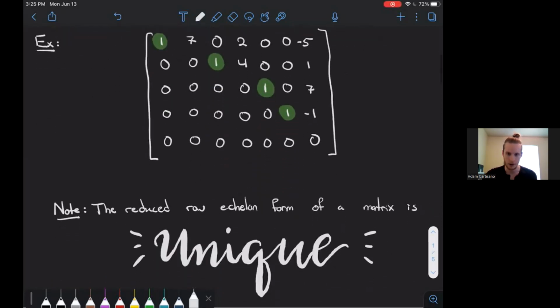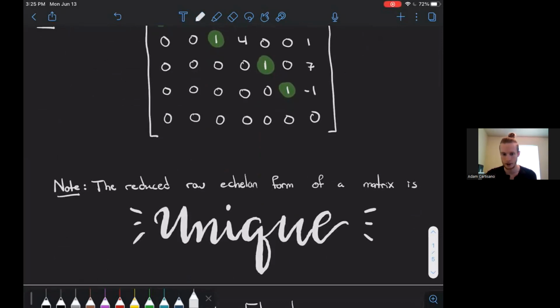Okay. Here's a fact that is not obvious. Remember that for row echelon form of a matrix, you could have several different row equivalent forms of the same matrix, which are all in row echelon form but are different from one another. And for that reason, we said that row echelon form of a matrix was not unique.